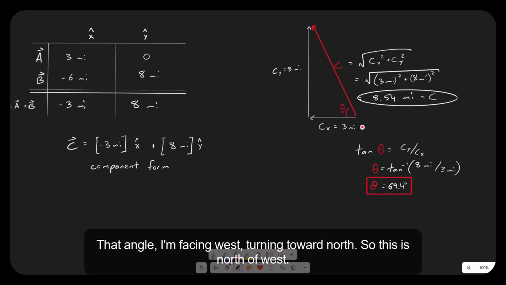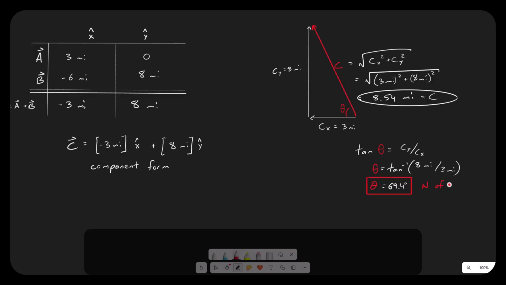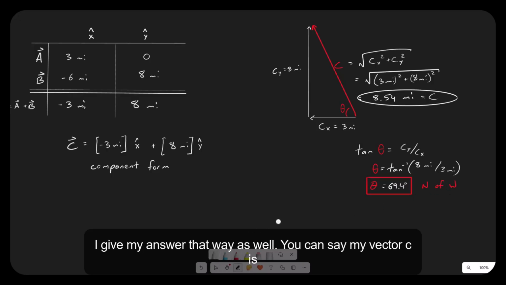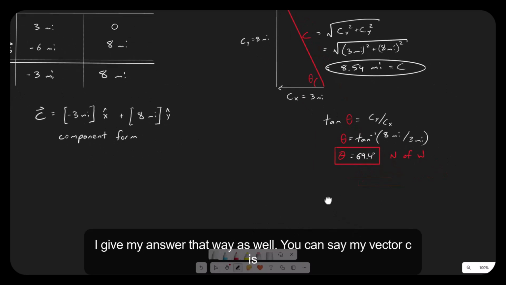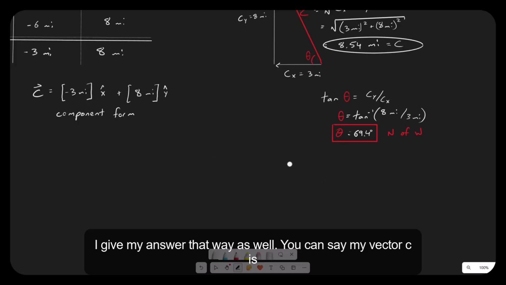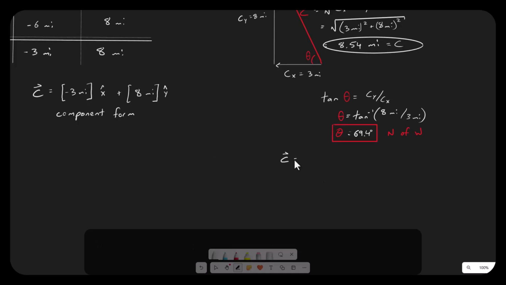That angle, I am facing west and turning toward the north, so this is north of west. I can give my answer that way as well. I can say my vector C is going to be 8.54 miles at 69.4 degrees north of west.